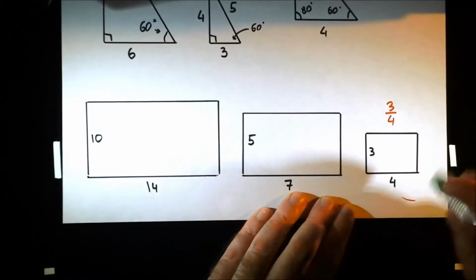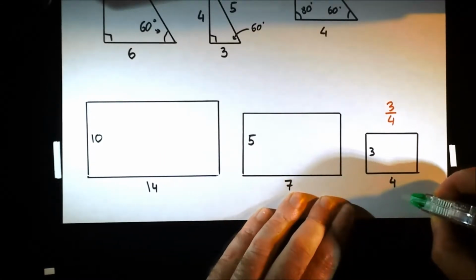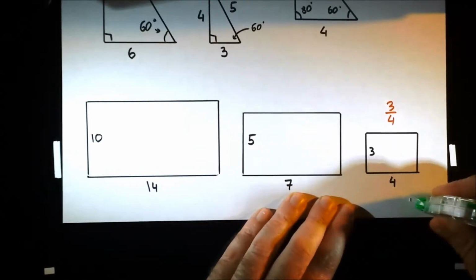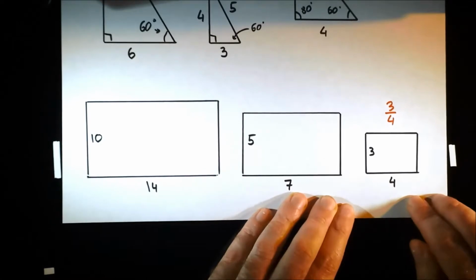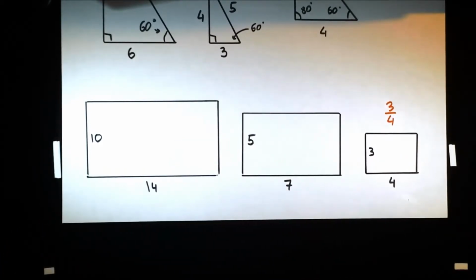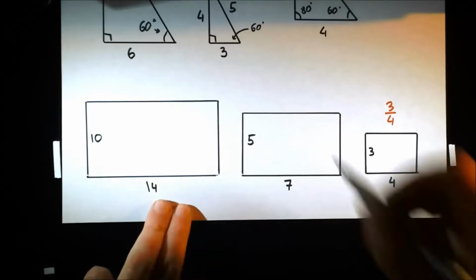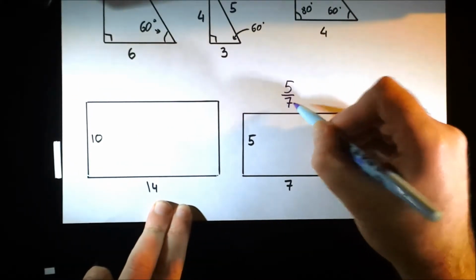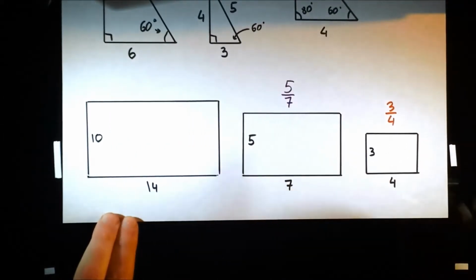If you put the bottom side on top here, you have to do it for every single other one as well. Now, what's the ratio I'm going to use for this one? 5 over 7. I'm going to put the left side on top and the bottom side on the bottom. Because I did that here.